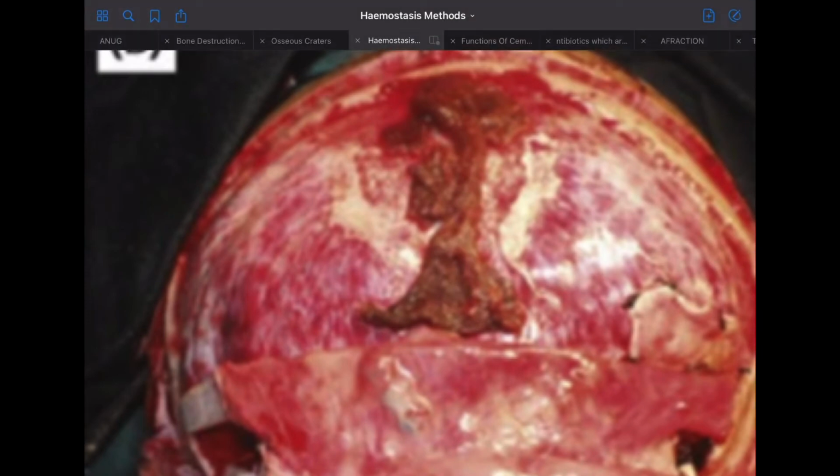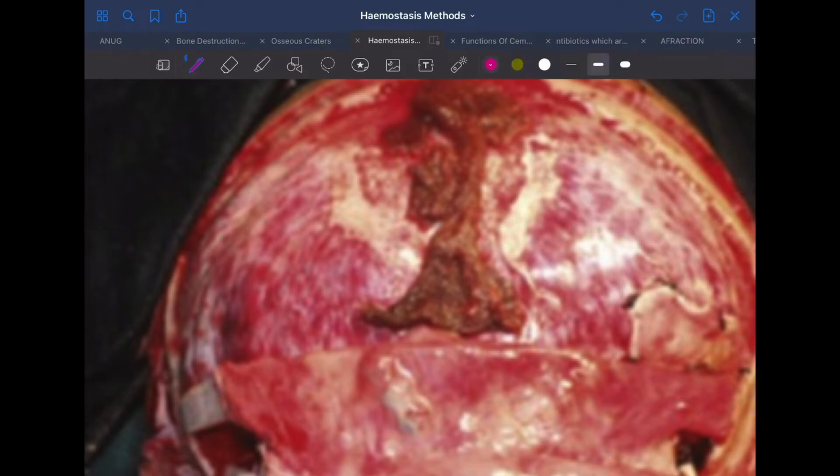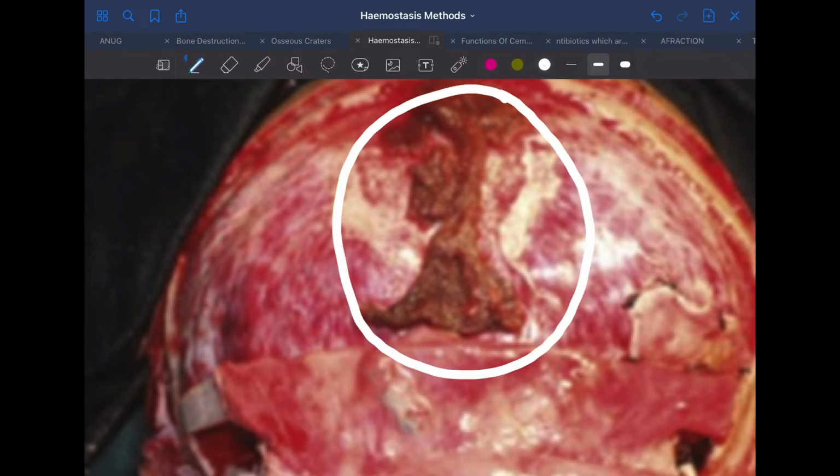I'll just highlight it. This is our Surgisil and this is the brown clot. This brown clot is formed because of the reaction of the plasma proteins with the acidic products which are released from the Surgisil membrane.